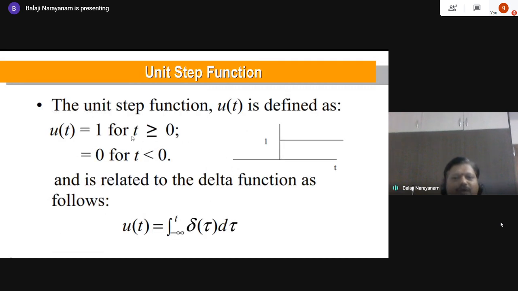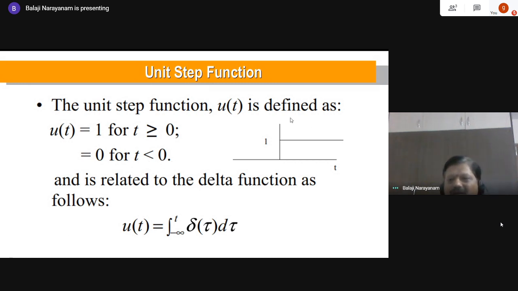Okay, and we will quickly move on to the next important standard test signal, which is called the unit step function. So how do you define a unit step function? The unit step function is denoted by u of t, and it is defined as u of t is equal to 1 for t greater than or equal to 0. So it exists for all the positive values of t only, and u of t is equal to 0 for t less than 0.